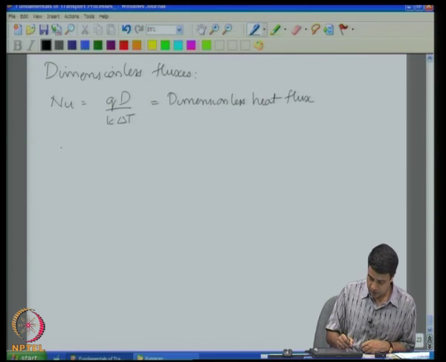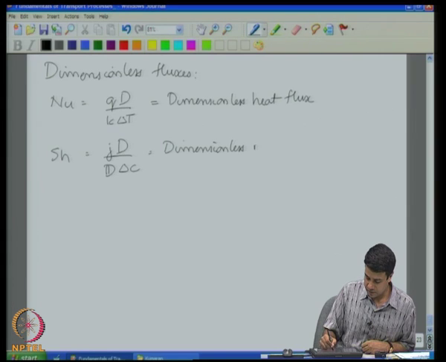And then we saw the Sherwood number, which was j d by the diffusion coefficient times delta c, a dimensionless mass flux.